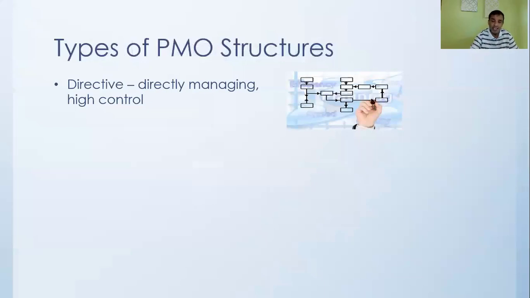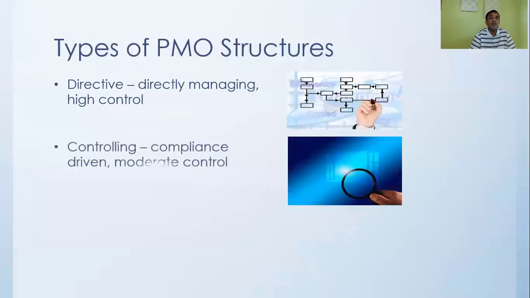As opposed to directive, there is another which is called controlling type of PMO structure. The controlling type of PMO will not directly manage your project. Instead, what they'll do is they'll have a set of compliance policies, and they'll occasionally audit to ensure that you're complying with those policies.